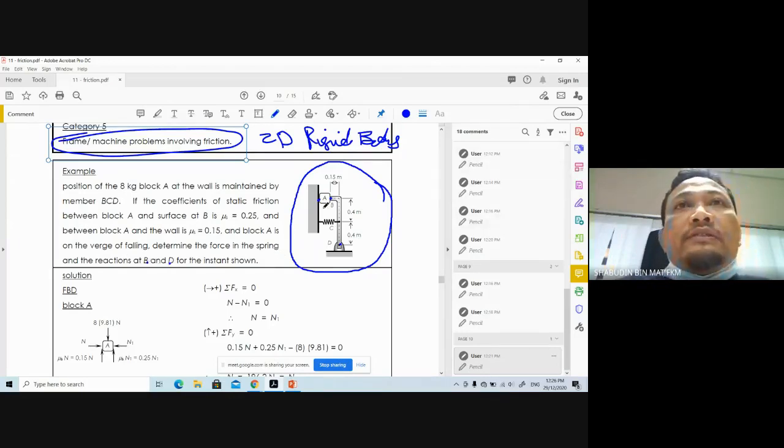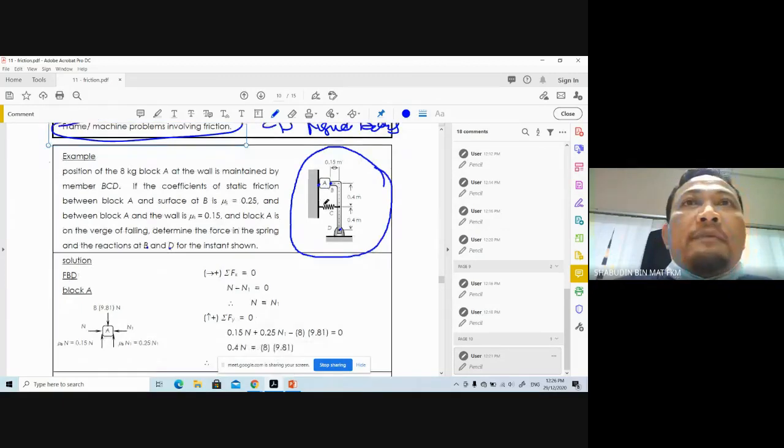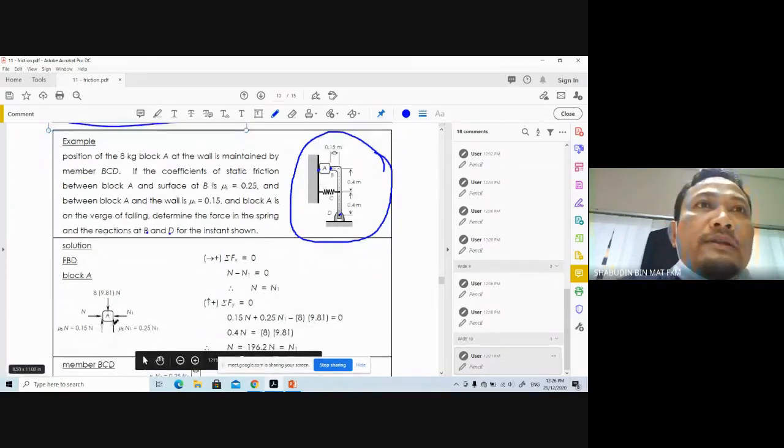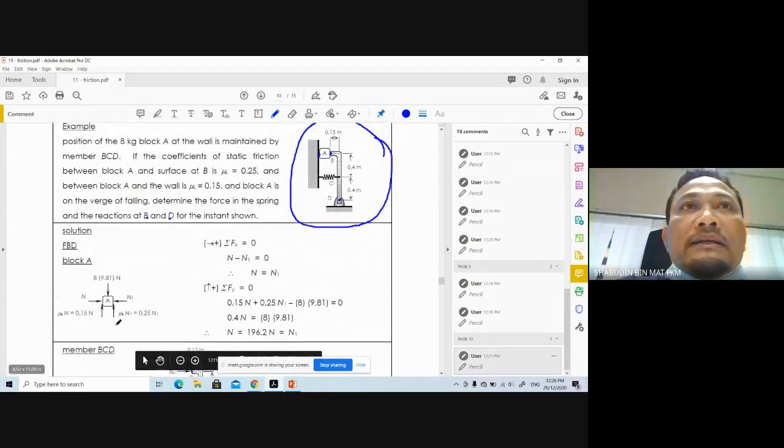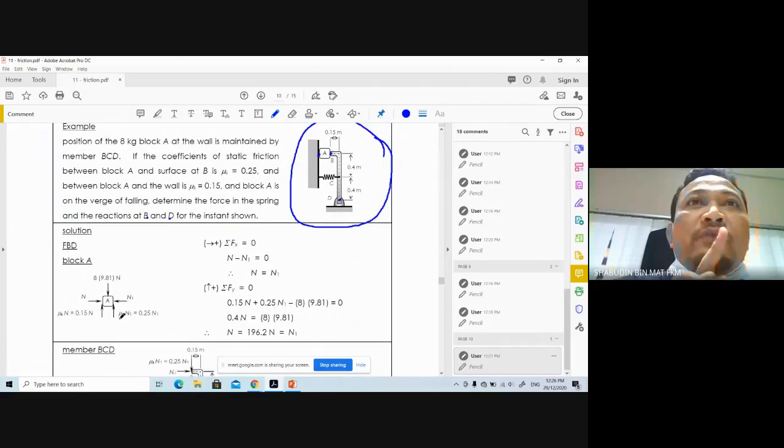The first thing to do is to draw a free body diagram of A. Since you have two different mu s on both surfaces, N is not the same.